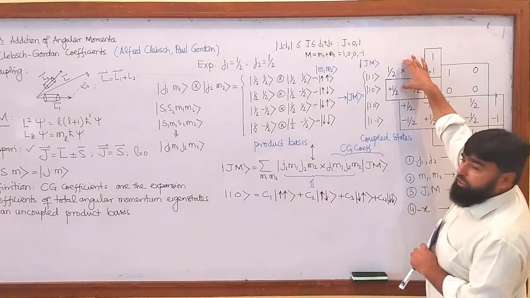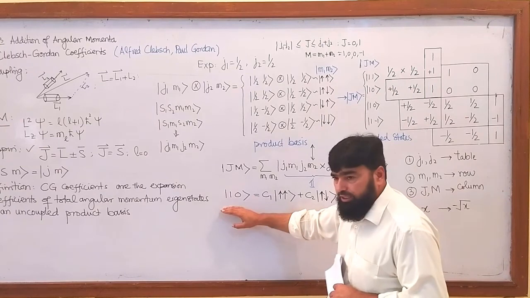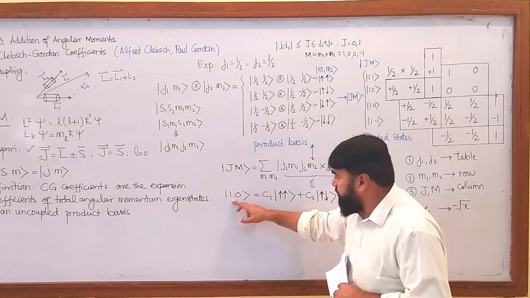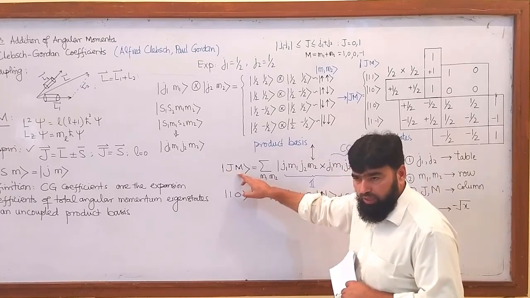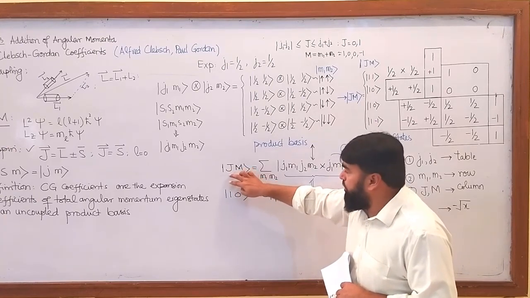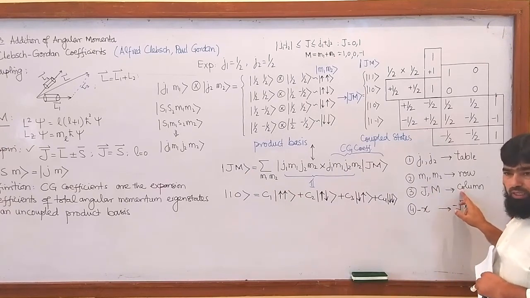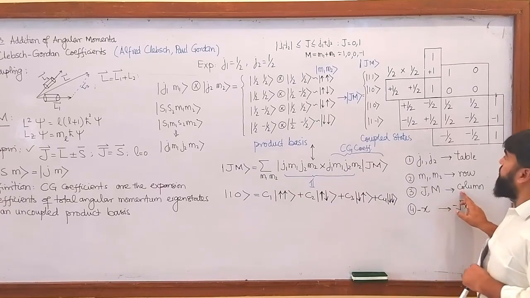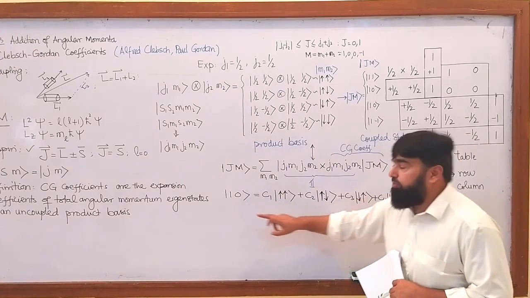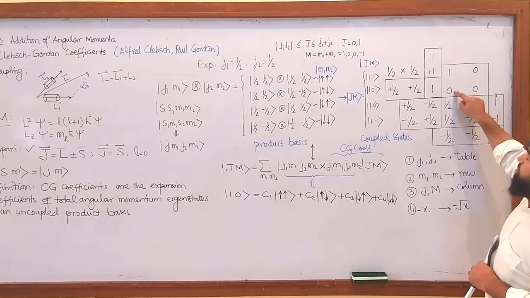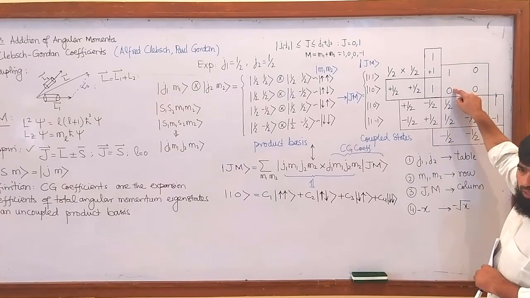We have located the table, and now our coupled state is 1, 0, that is J and M. We know that capital J and M give us a column, so we go to the 1, 0 column. Here is the 1, 0 column.